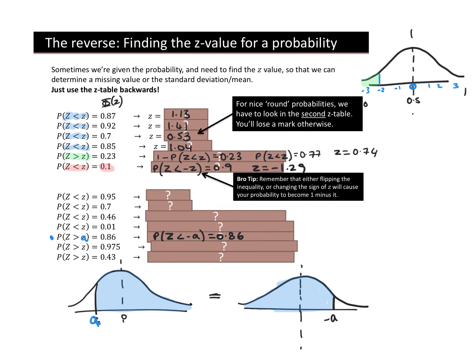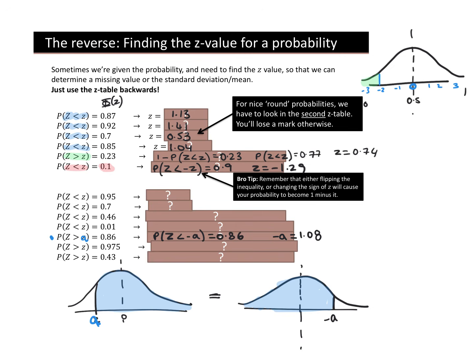Yes. It still equals 0.86. And then what we're finding is when we find the probability, we now find negative A. If I have a look on here for 0.86, I get 1.08. So negative A is 1.08.